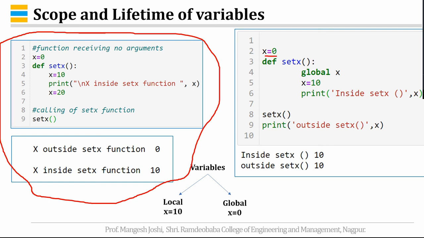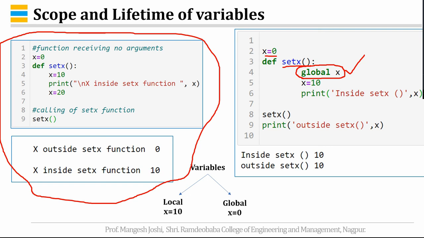So again the same program, x equals 0, define the set x function. Now you just have to declare x as global inside your set x function. By using the global keyword, you are telling the interpreter that this x is global and it is the same as x equals 0 outside the set x function.